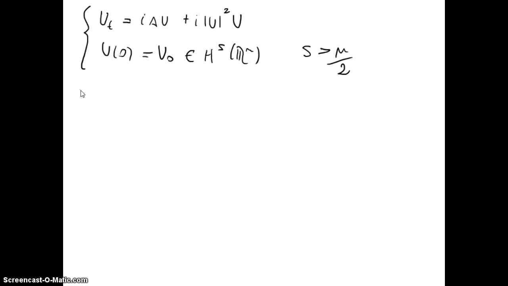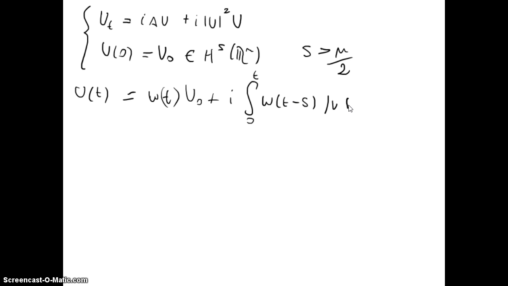The reformulation will be u(t) equal to, where W(t) is the unitary group of operators we'll be using, W(t)u0 plus i times the integral from 0 to t of W(t minus s) |u(s)|^2 u(s) ds.